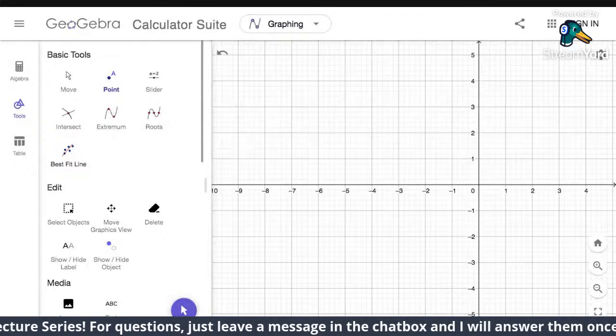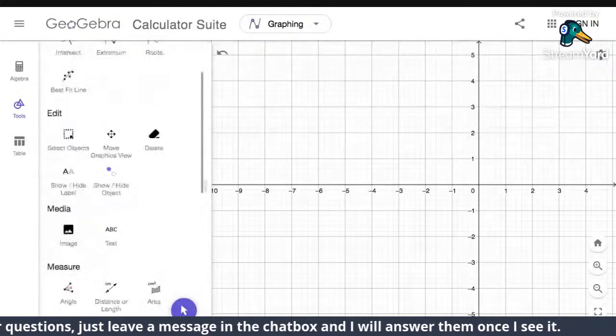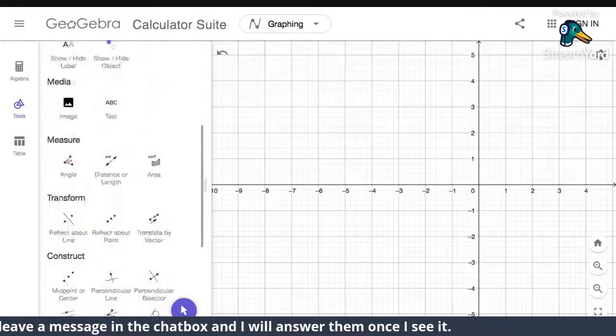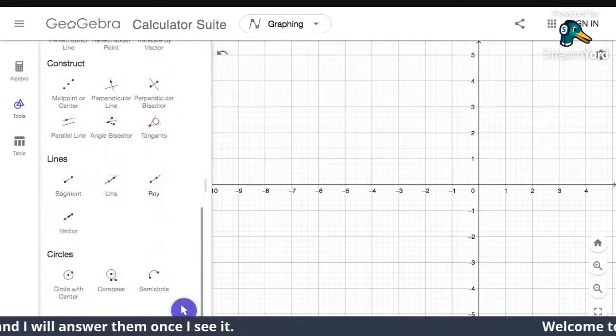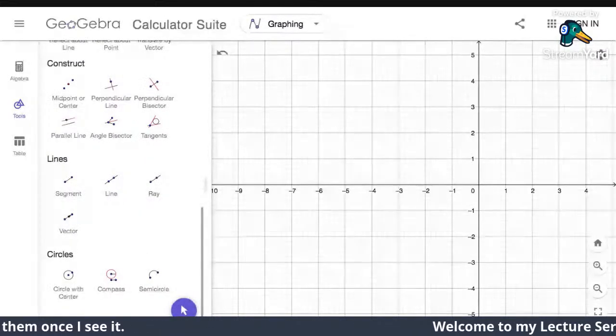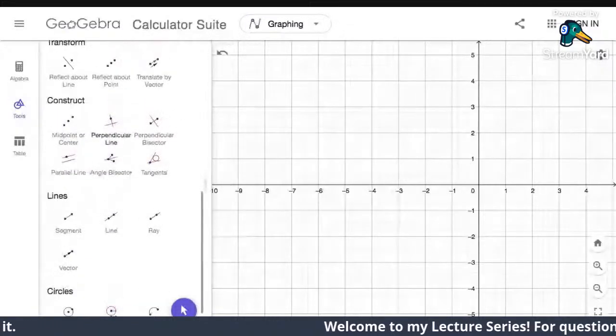There are so many other functions here: you can draw a line segment, draw a circle, construct perpendicular lines and so on.